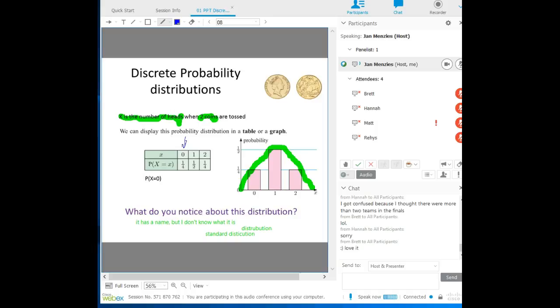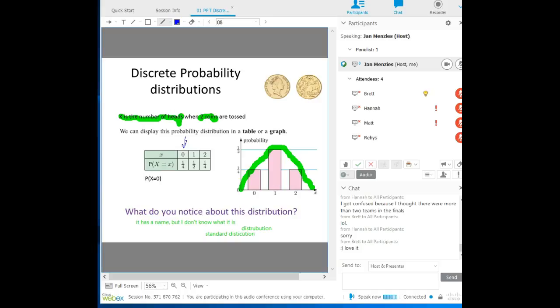Now, we're going to look at the capital probability P that the variable we're examining, capital X, equals the outcome, little x. So the outcome of 0 heads, the probability is a quarter. Can I have a light bulb? Do you say, oh yes, I can read that and I can understand it?